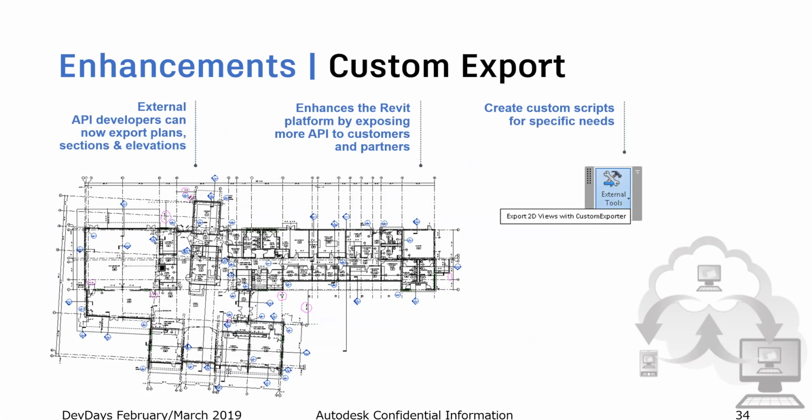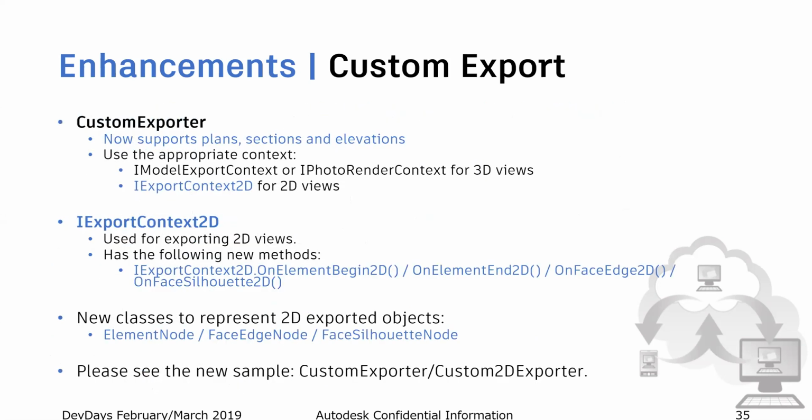Now, what we've done is we've extended the same capability that we have for 3D views to plans, sections, and elevations. So you can export the same information that you see in a 2D view directly to your application, gathering that data for a consistent visual representation.